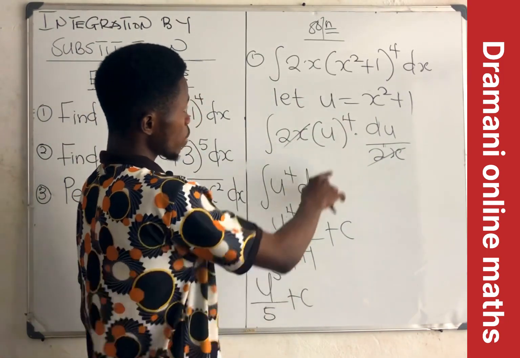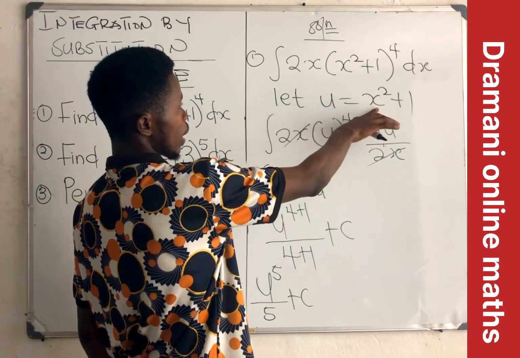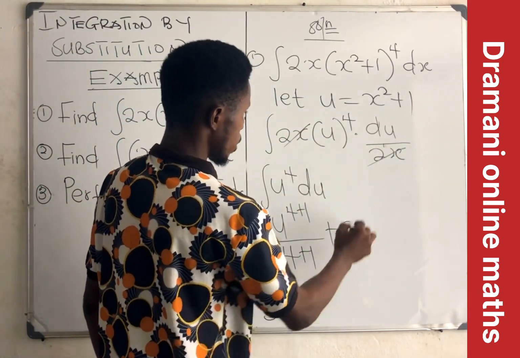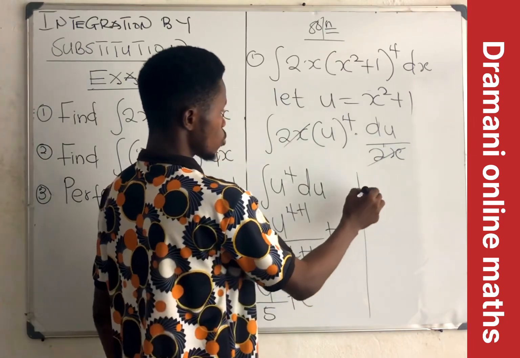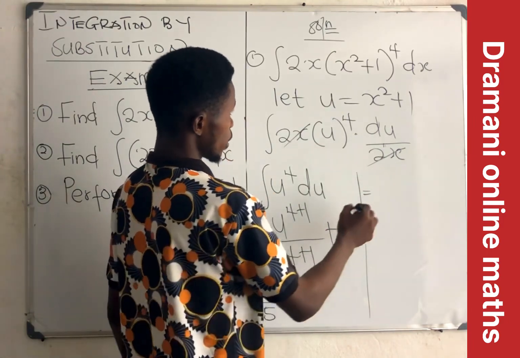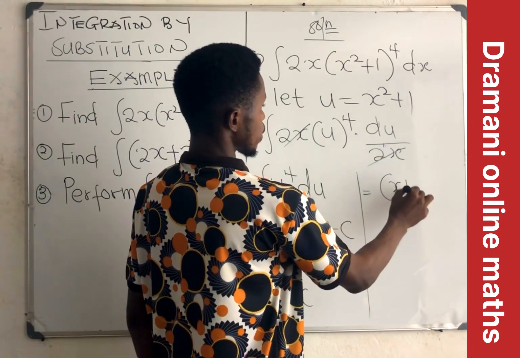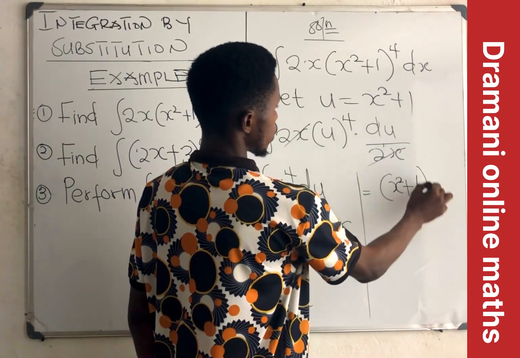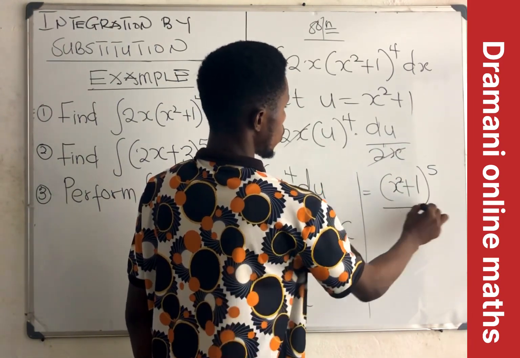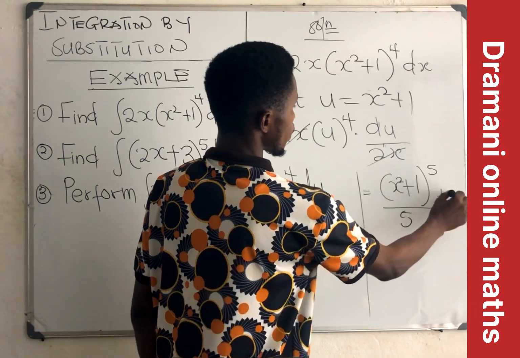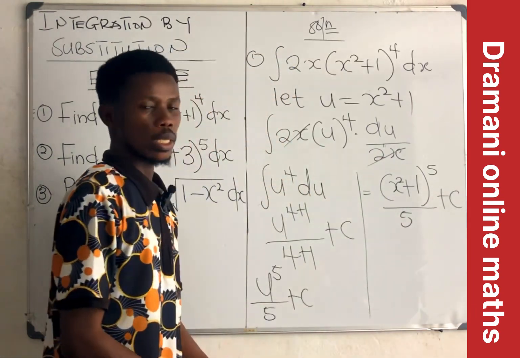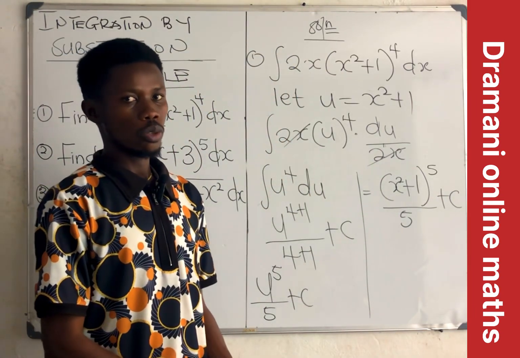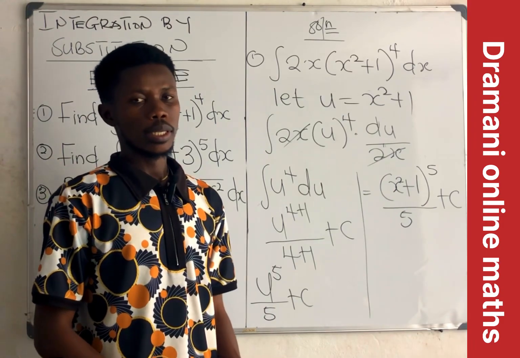So wherever we see u, we replace it back by x squared plus 1. So this is (x squared plus 1) to the power 5, all divided by 5, plus c. This becomes the solution to that question. Let's move to the second example.